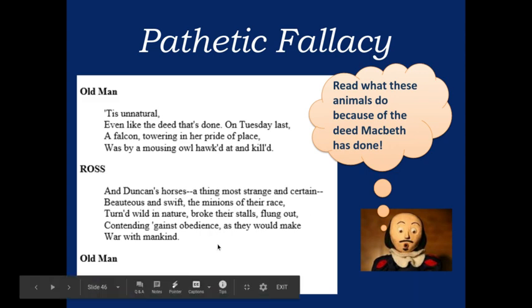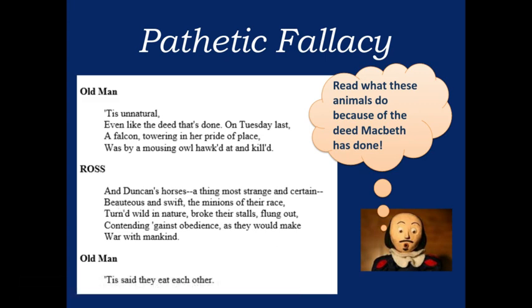And 'tis said they ate each other." Awful, awful. And it's comparing these horses going against each other to what's going on with mankind. So notice sometimes when these awful things are going on in mankind, it's also affecting nature and animals. And that's called pathetic fallacy.